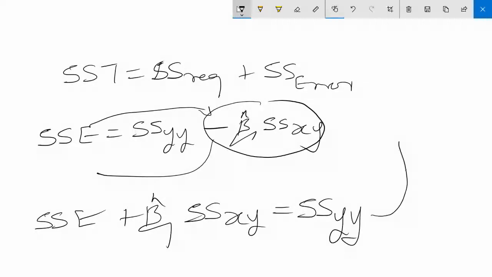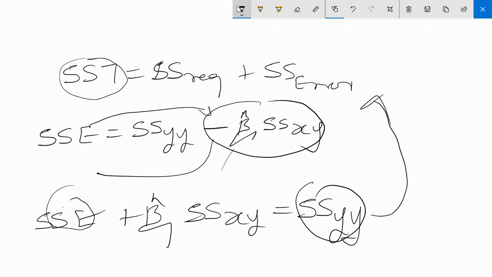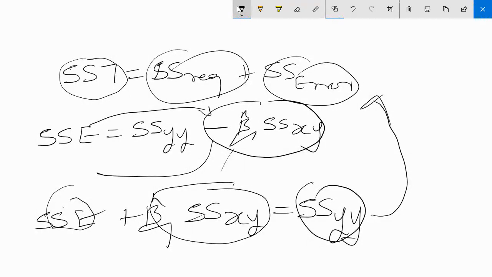So SSYY is the subject of the formula, then it's our SS total. Now we have the SSE, which is this, and which means this part is our SS reg. So now we have the SS total, SS reg, and SS errors. Is it clear? Then we can set up an ANOVA table.